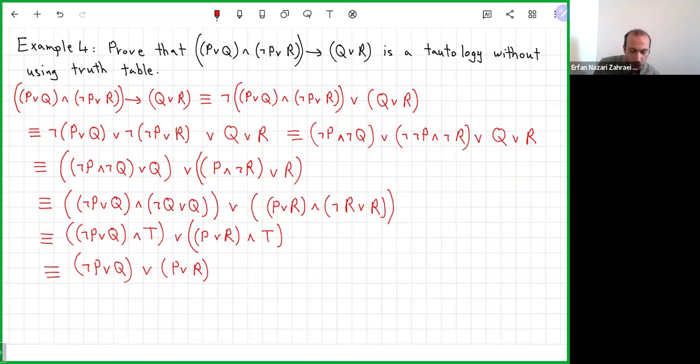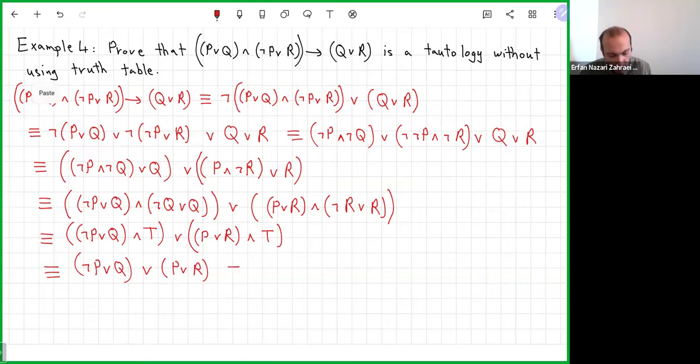Now what should I use? I have a bunch of ors. So using associativity and commutativity of or, basically I can shuffle them and drop parentheses as I want. What do I want? Now I have not P and P. It's good to group these together.